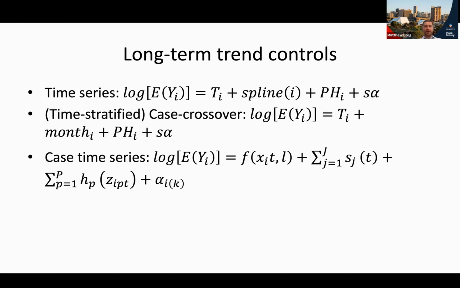Other covariates can still be included alongside that. In this case, say we've got a spline to account for long-term trends and seasonality, a variable for public holidays, and an intercept. And likewise for these other model designs.